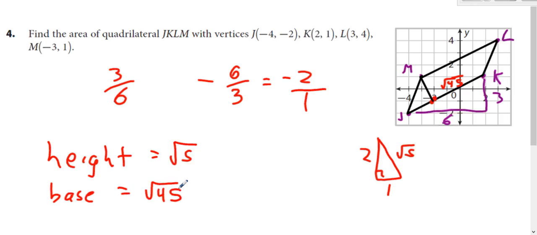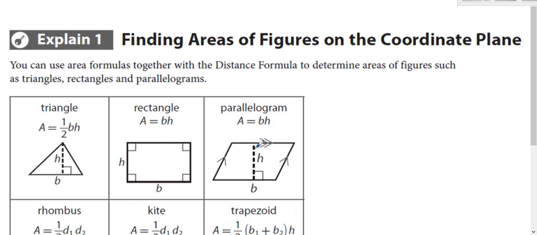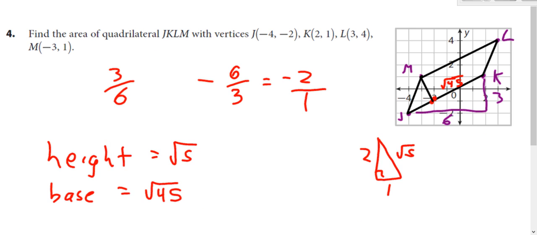And area of a parallelogram, you can make sure that it is a parallelogram by checking the slopes. It is. Parallelogram is base times height. So base times height. You get 15.